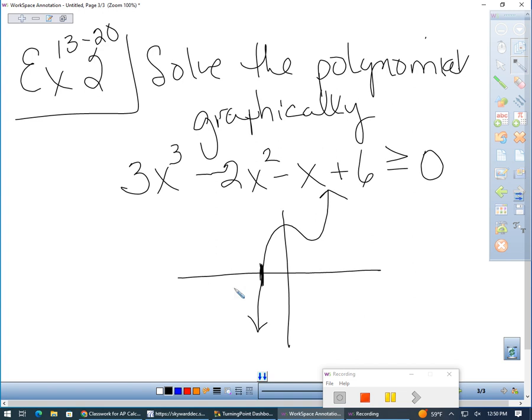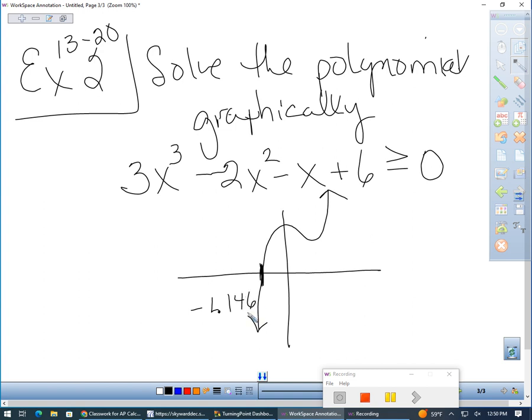We go into our calculator, second and trace, or calculate, and we go down to zero. You do your left bound, so you have to find that point, then you do your right bound. I have that this point is at the x value negative 1.146. Does everybody agree with that?